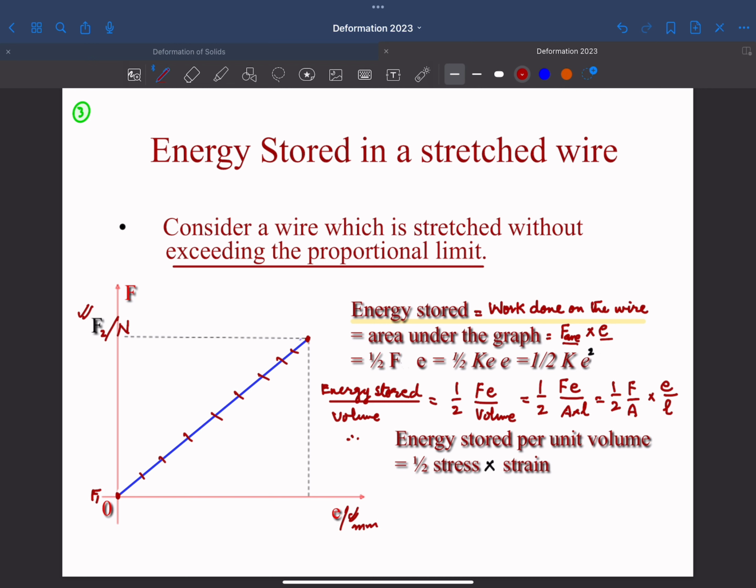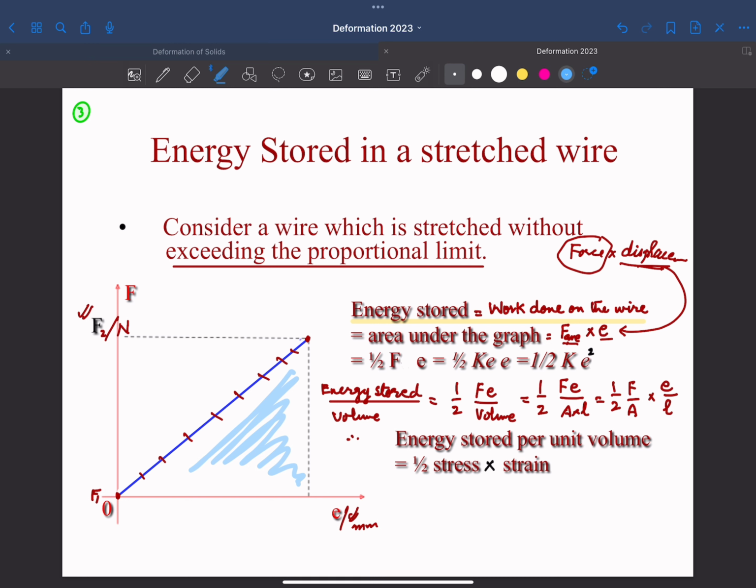Work done is basically force into displacement, but in this case, instead of displacement, we use the term extension. Initially the force was 0 and we moved up to force F2, so we have to consider the average force, and this is nothing but the area under the curve.